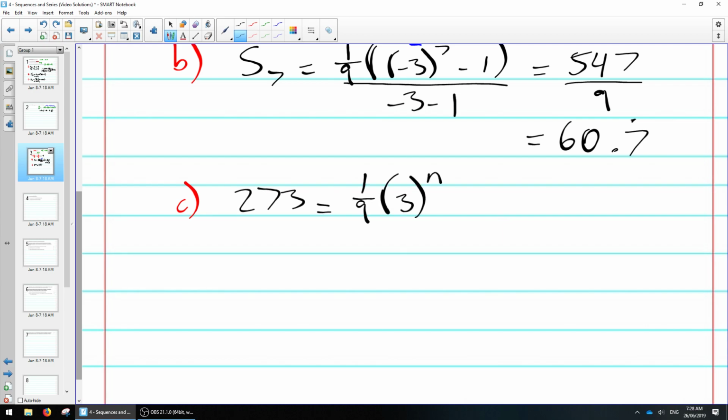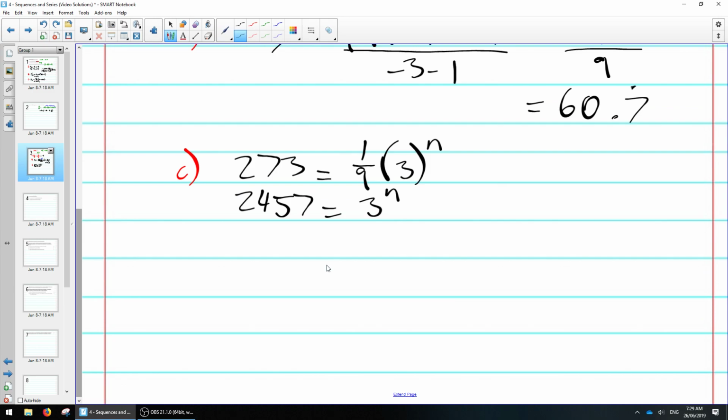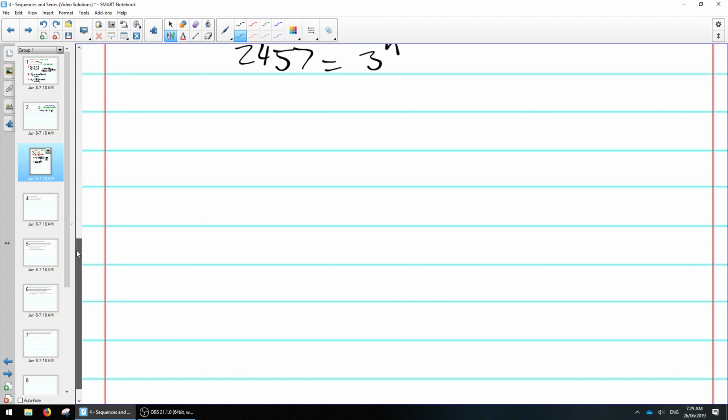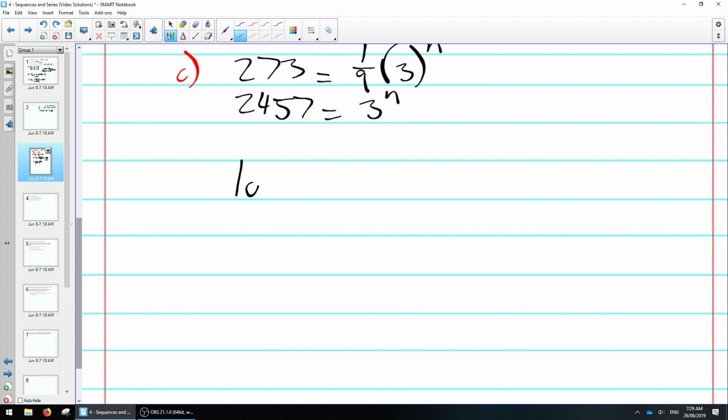And then what we're going to do first is move 9 over, so we have 2457 equals 3 to the power of n. And now we start doing that log thing, so remember the base becomes the base, the subject becomes there, and the index becomes the power.